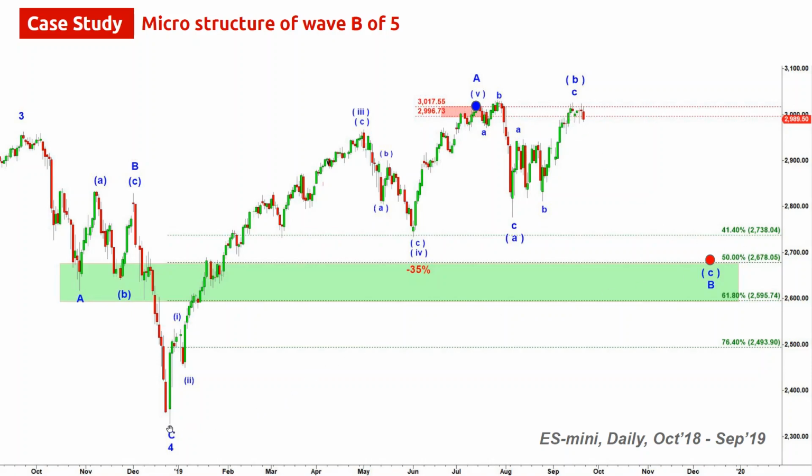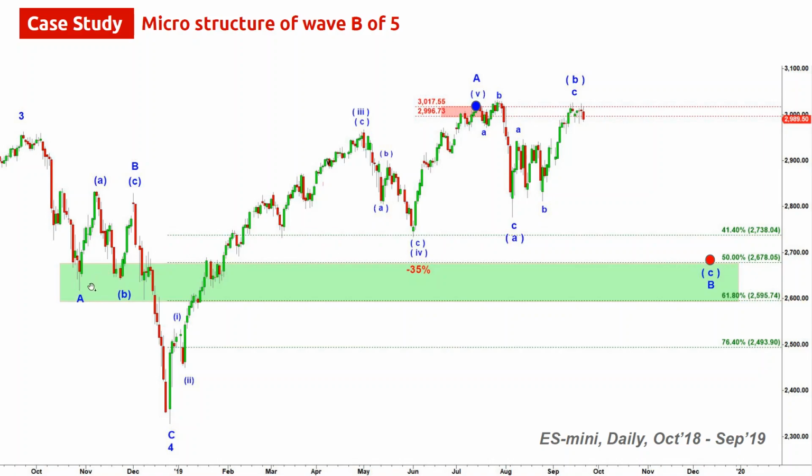So basically we measure that rally and we apply retracements. Those four are the most common retracement ratios when we deal with wave B down. So this is the green target zone, a high probability target zone, and it's pretty wide, as you can see, from 2678 to 26.